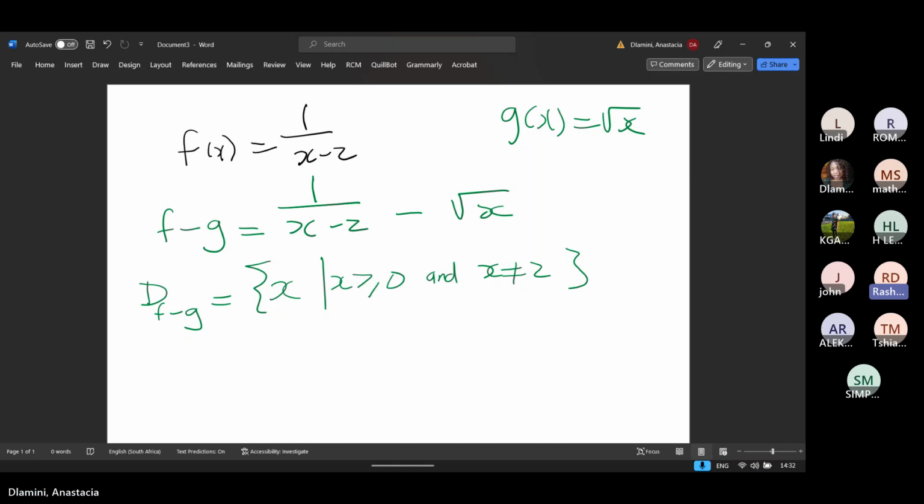Because I can see them. The domain is always the denominator. If we have a fraction, and if it's a square root of x, the x is always greater than or equal to 0. You are right.